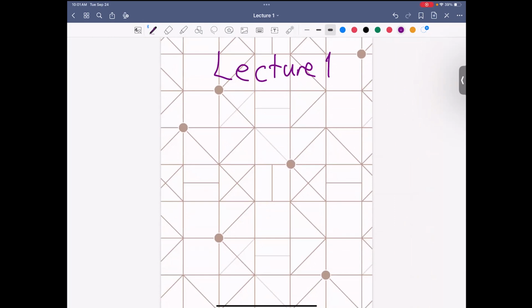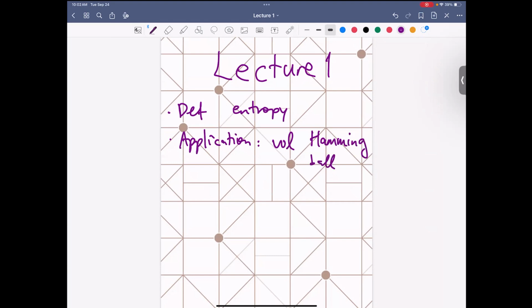We talked about this definition of entropy. And we saw this application on estimating the volume of a Hamming ball, on the use of entropy.